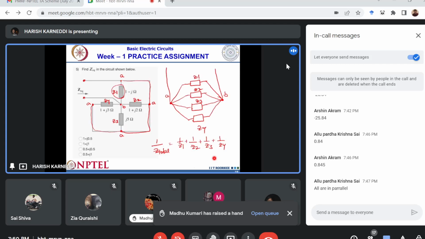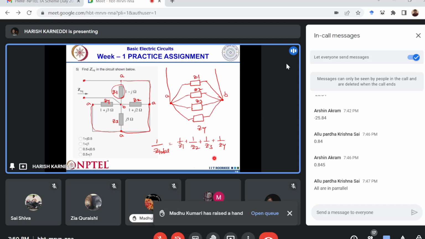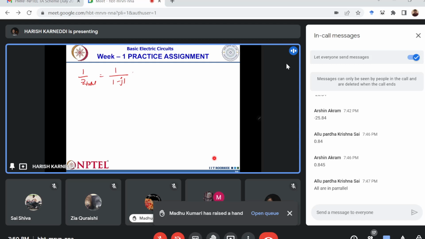Z1 is 1 minus j, so 1 by Z total equals 1 by (1 minus j1). Z2 is 1 plus j2, plus 1 by (1 plus j2).